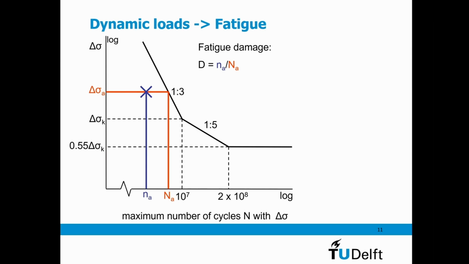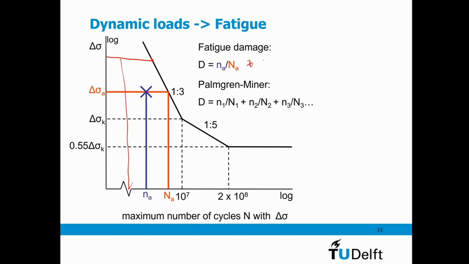And then with this method, you do not have only a curve showing which variation in stress causes failure at what number of cycles. You can also do accumulation of damage. So maybe I have a stress here, and then I have so many stress cycles.